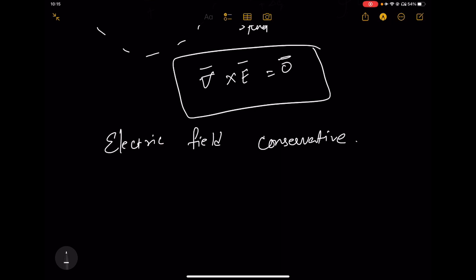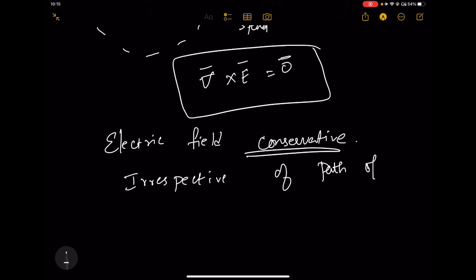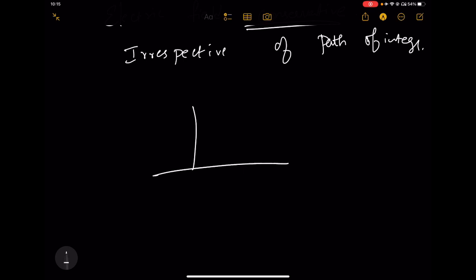Conservative means irrespective of the path of integration, the work done is same. I'll just give you an idea of what it means. For example, if you have this one problem, charge q here, and if you take a distance of 1 meter here, and here also 1 meter, if you move from here to here, see in these two places, the potential V1 and V2 will be same, because they are the same distance from the charge, right?